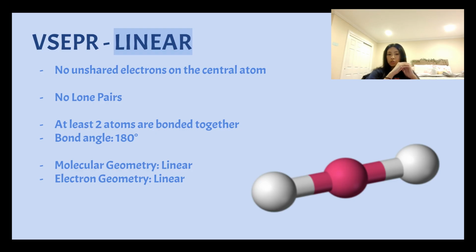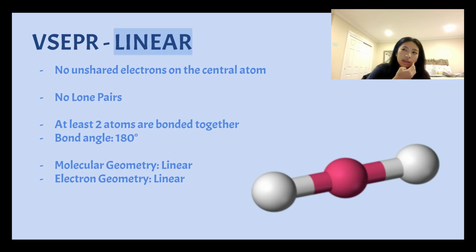It causes it to change, and the angles also change. But in this case, when it is linear and there are no lone pairs, the atoms will just rest straight like this because there's no repulsion that's causing them to go wonky. So the bond angle is 180, and that's just because it's straight.